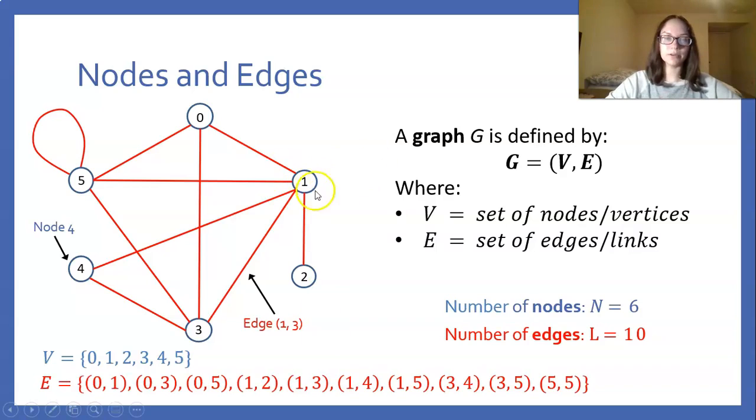Let's say person 1 is friends with 5 other people. That means they have 5 edges connected from that person to other people. So essentially, it's a very basic concept: nodes are the objects and edges are the relationships between those objects.